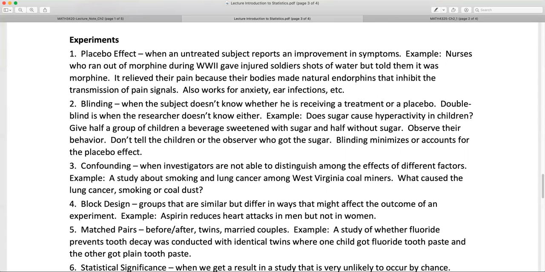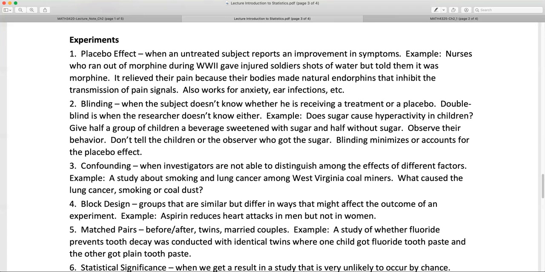When an untreated subject reports an improvement in symptoms. For example, nurses who ran out of morphine during the Second World War gave injured soldiers a shot of water but told them it was morphine. It relieved their pain because their bodies made natural endorphins that inhibit the transmission of pain signals. It also works for anxiety, ear infections, and so on.